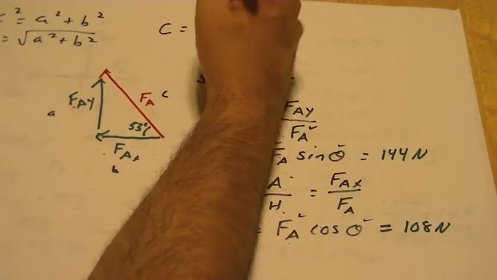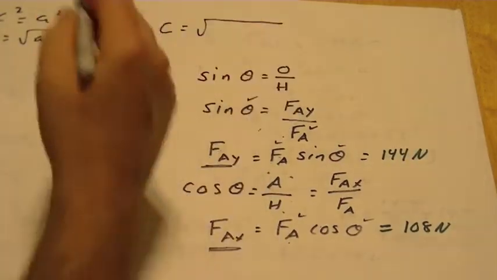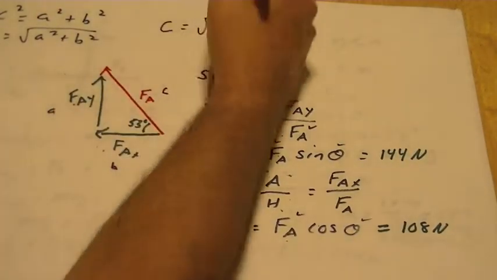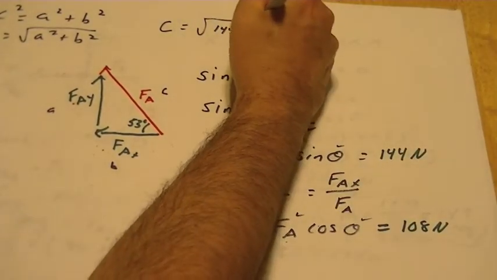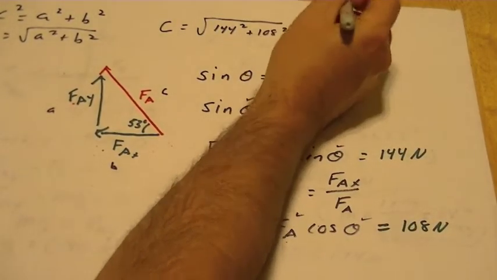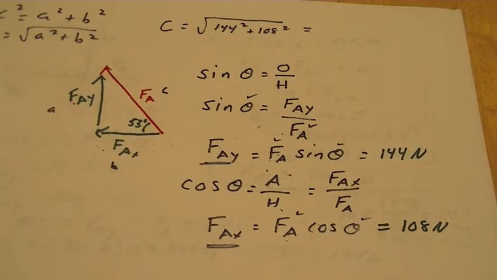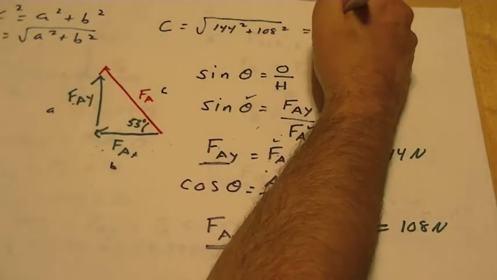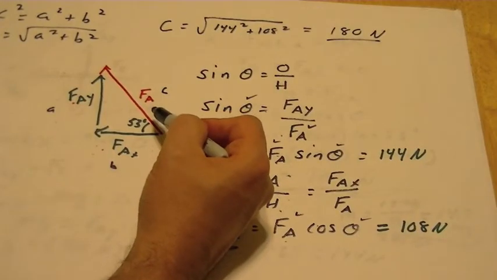I can say that C is equal to the square root. Well, A is my y component in this case, that's 144 squared. B is 108 squared. When I do this out, 144 squared plus 108 squared, and then I take the square root of that number, I get 180, which is in fact the length of Fa.